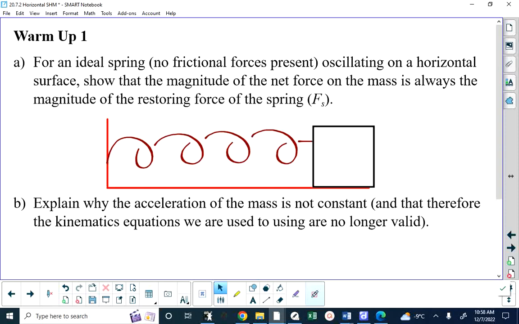You also have to understand, and I'm going to have to use one of these springs that are stretched out to help you visualize what's going on here.